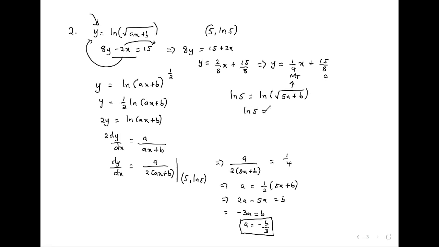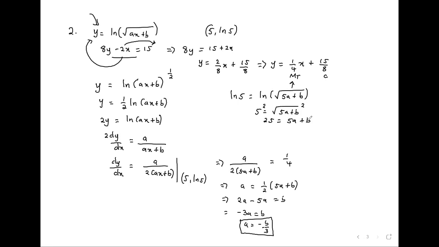So this means that 5 is the same as the square root of 5a plus b. When you have ln, it means that the inside things are equal. So you square, and we get 25 is 5a plus b.